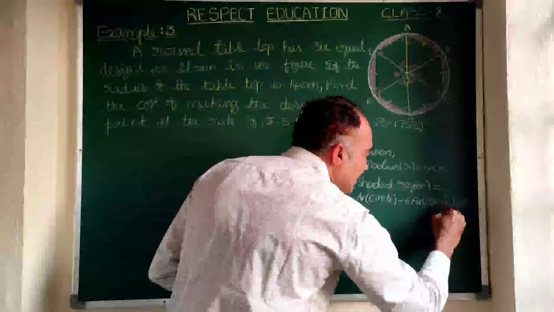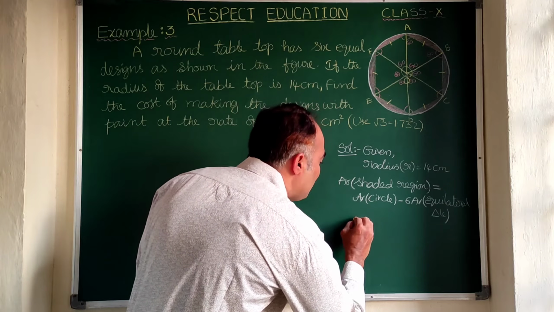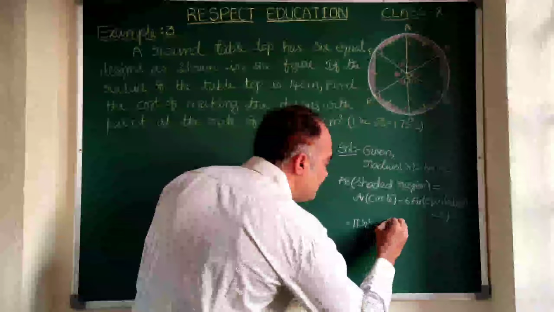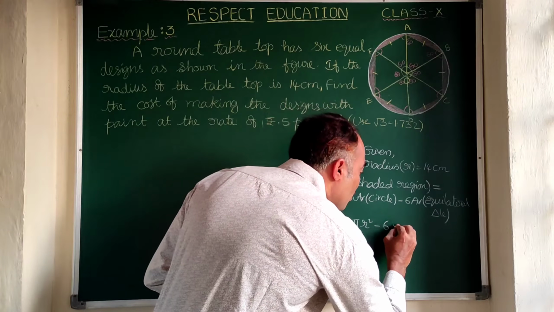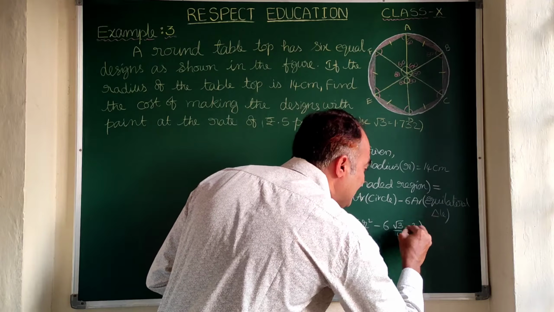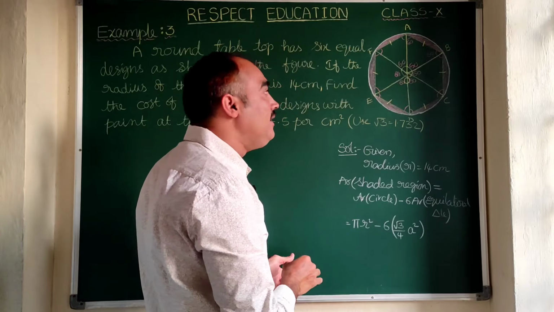Now let us write the formulas. Area of circle is pi r square and area of an equilateral triangle is root 3 by 4 side square. We can say a square, where a is the side of any one of the triangles.